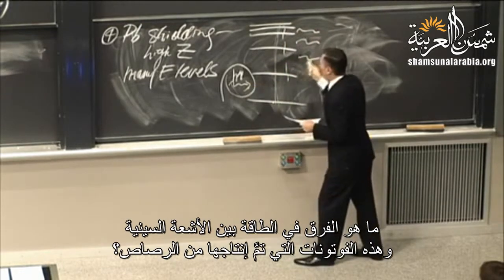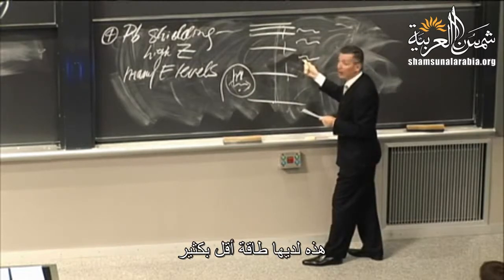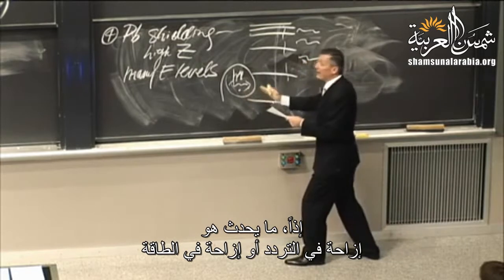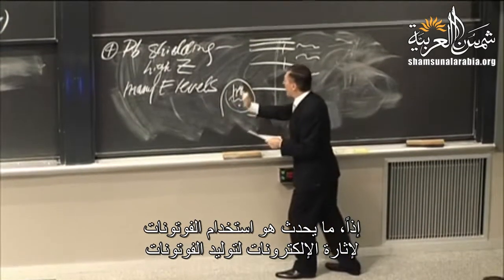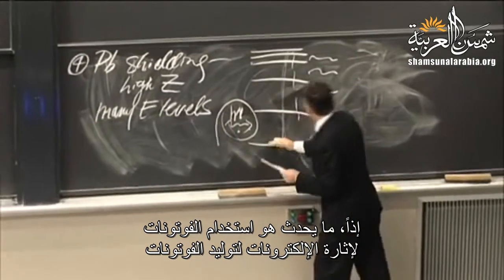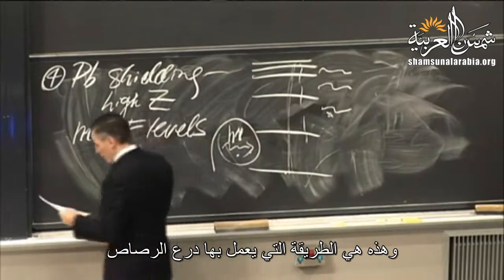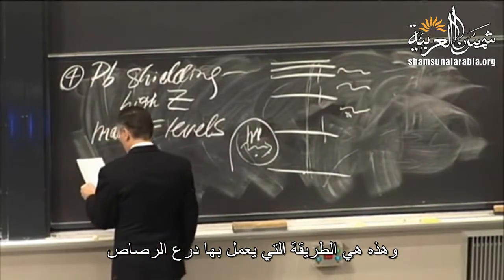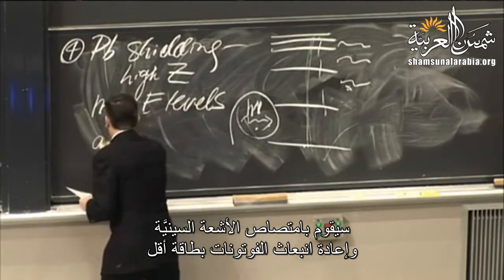And what's the difference in energy between the X-ray and these? The ones up here are much lower energy. So this is, if you like, a frequency shifter or an energy shifter. So now we're using photons to excite electrons to generate photons. And that's how the shielding works.